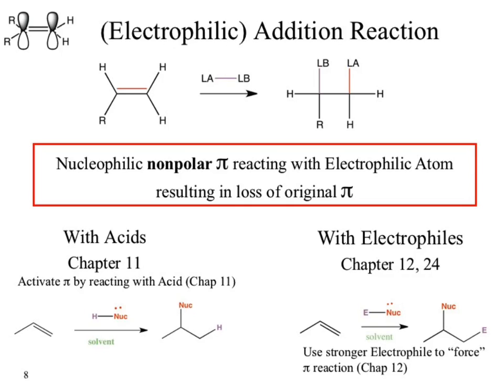A base. What if it shared those electrons with something other than a hydrogen? Then it's acting as a nucleophile. So really I see two big subcategories. We get chapter 11, our pi bond is reacting with acids. We get chapters 12 and 24, our pi bond is reacting with electrophiles. The same basic chemistry is happening in all of those cases.